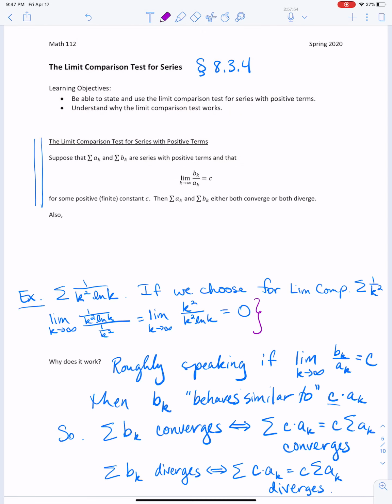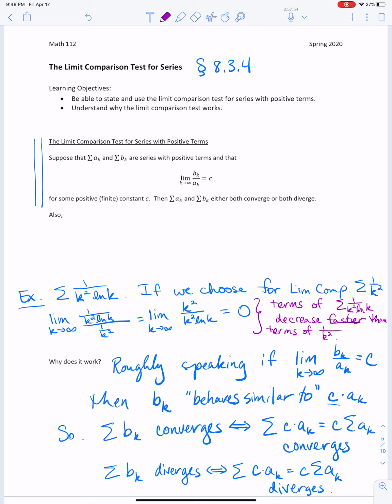Then the statement that the limit is 0 means that the terms of the series 1 over k squared ln k, right, these were the ones in the numerator, decrease faster than the terms of 1 over k squared.